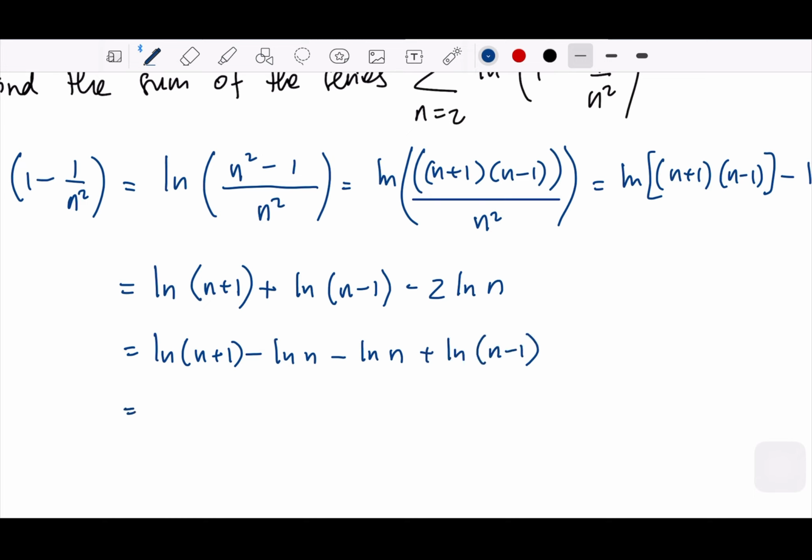Okay. So this will become ln of n plus 1 over n, and then minus ln n, or maybe let me write with the other term first.